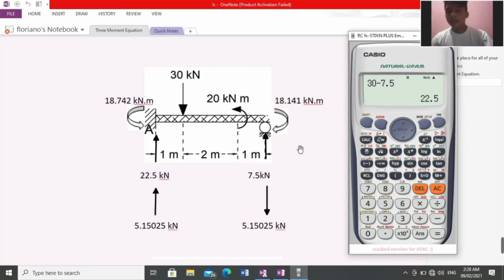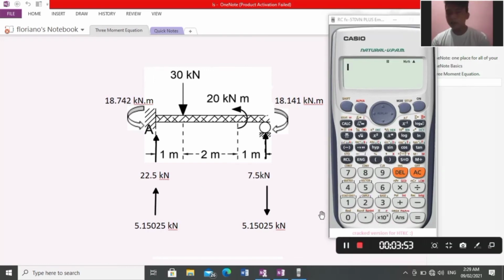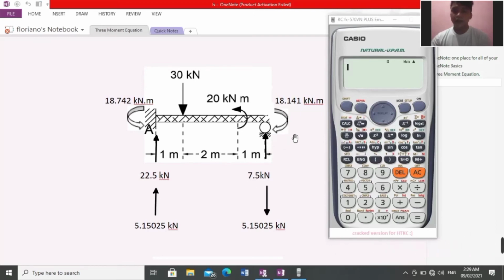So, ang gagawin ko kasi dito is paghiwalayin ko yung computation ko sa moment and sa mga forces. So, yung sunod naman is itong moment. Ang technique ko sa pag-solve nitong moment is titingnan ko muna kung alin yung moment na counterclockwise at kung alin yung moment na clockwise.